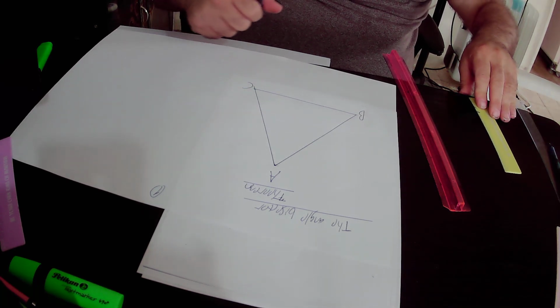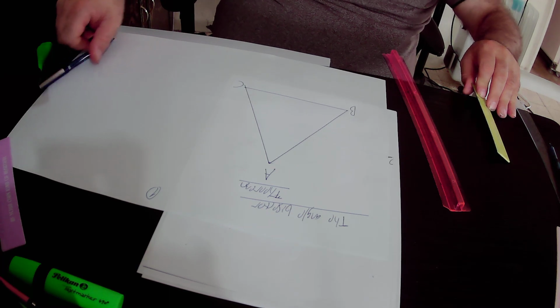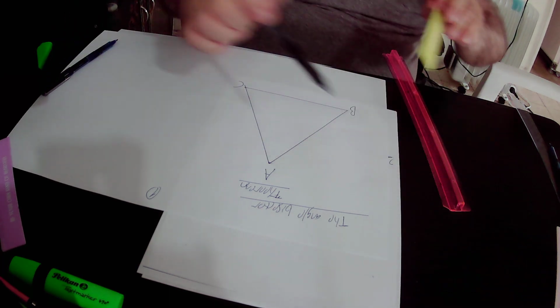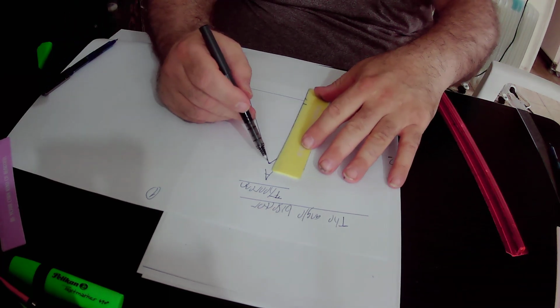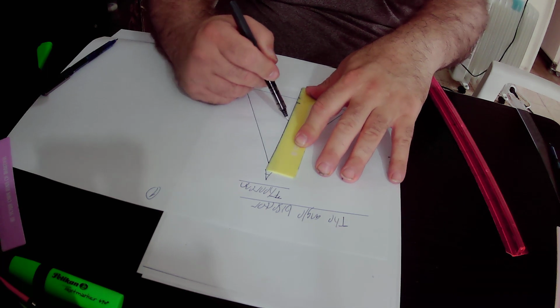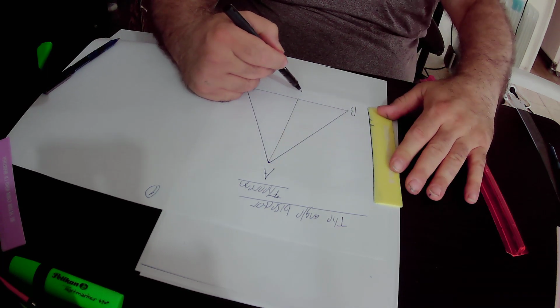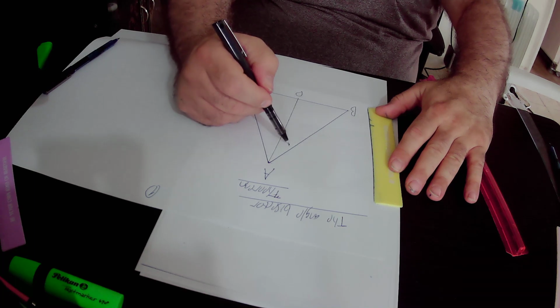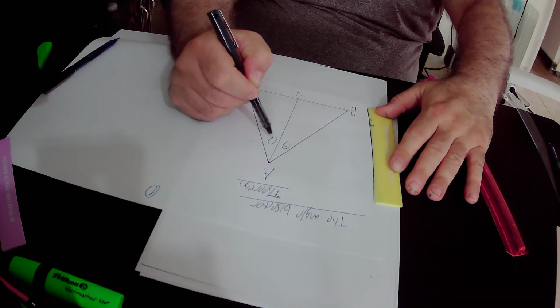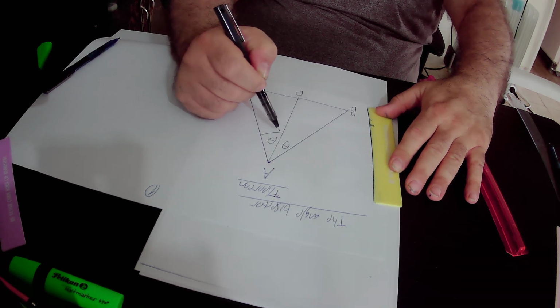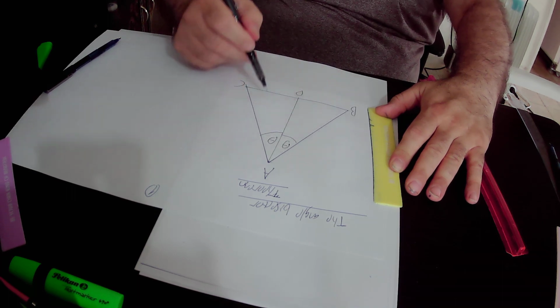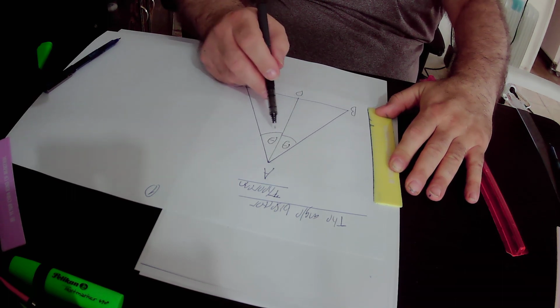And we know that AD is the angle bisector. Why is AD the angle bisector? Because it divides angle BAC into two halves. Each half equals theta.